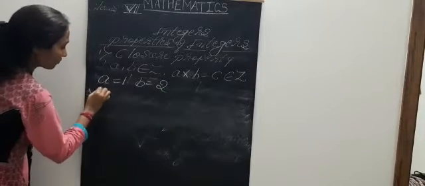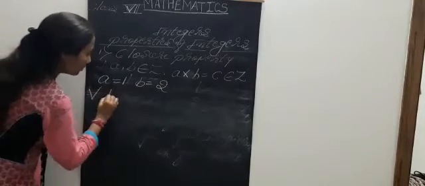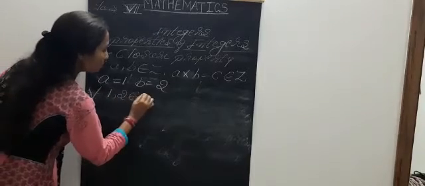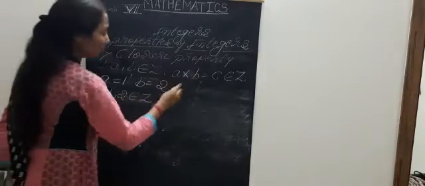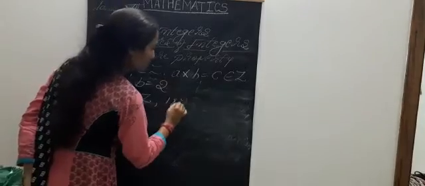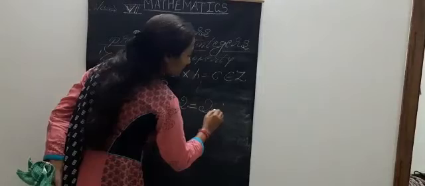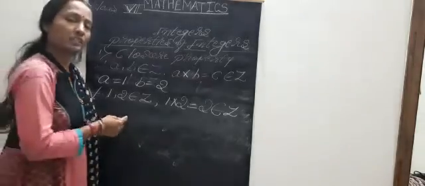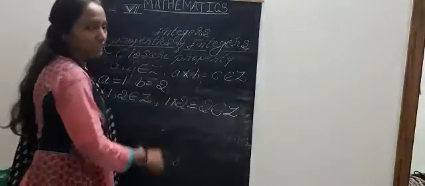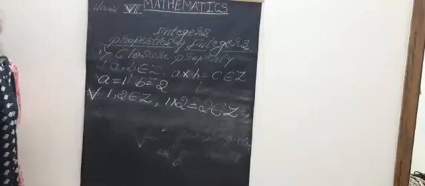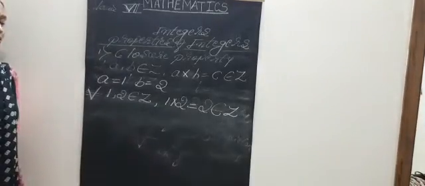For any 1 comma 2 belongs to Z, a multiplied by b, 1 multiplied by 2. What is 1 multiplied by 2? It is equal to 2. Yes, 2 also belongs to integers. Therefore, the closure property is satisfied for multiplication also. Did you understand? I hope all of you understood the concept.